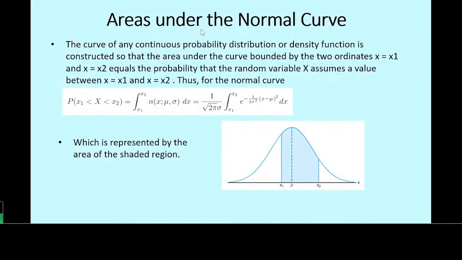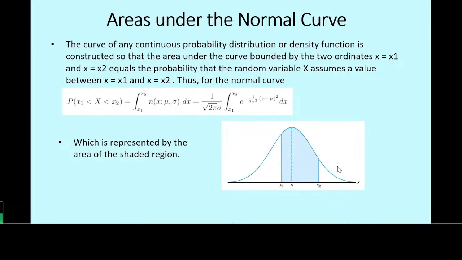Now, the areas under the normal curve. The curve of any continuous probability distribution or density function is constructed so that the area under the curve bounded by the two ordinates x1 and x2 equals the probability that the random variable assumes a value between x1 and x2.